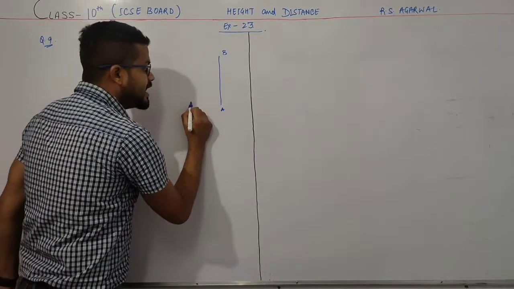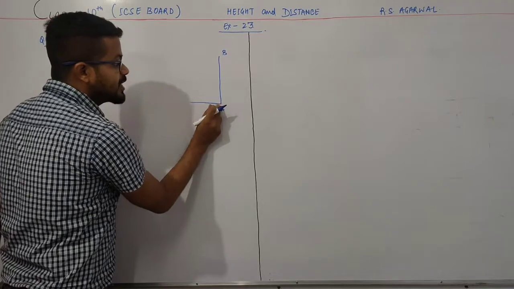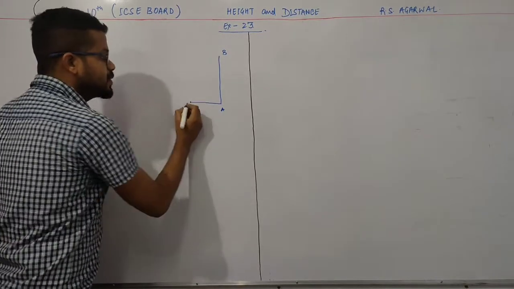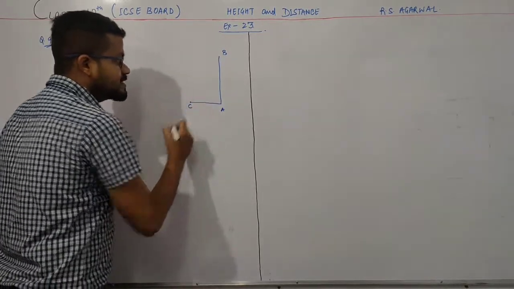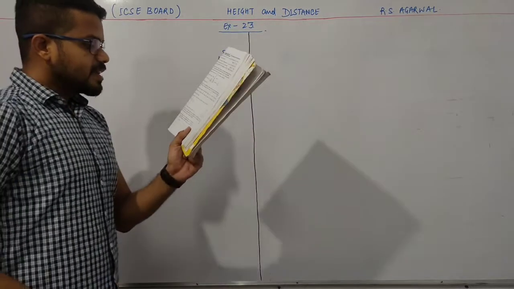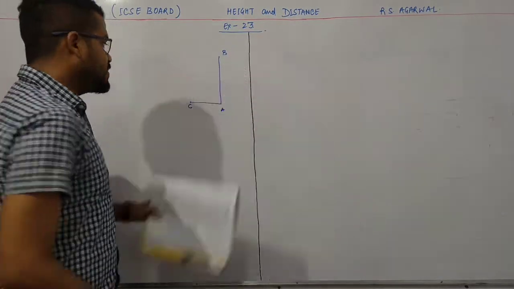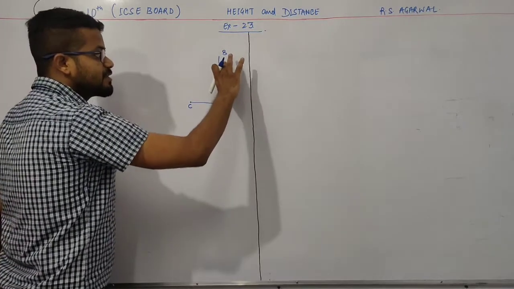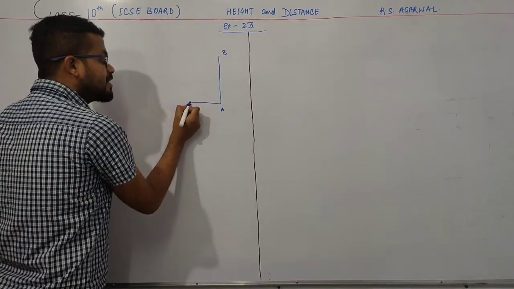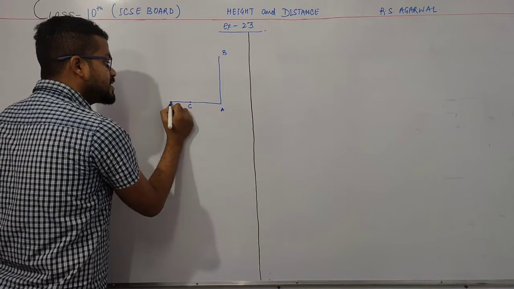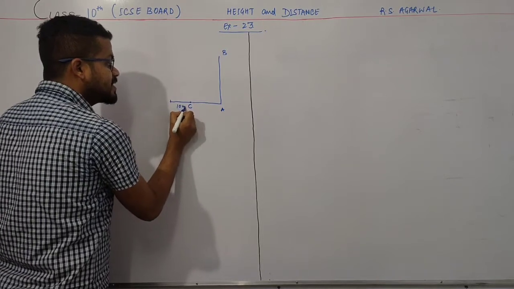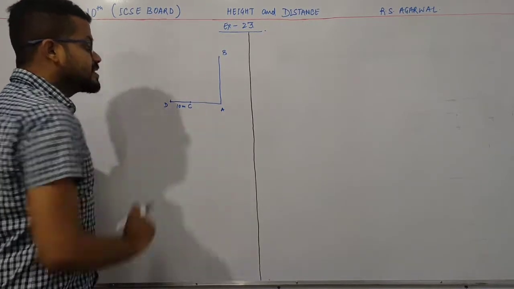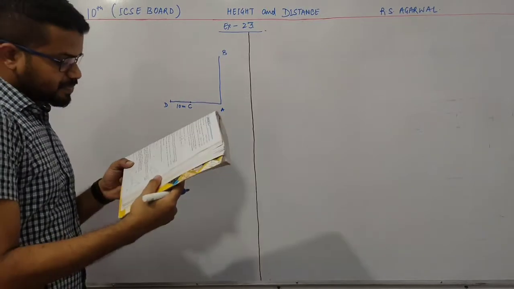Let us take this as the original shadow, and I will take this point as C. At the start, this is the shadow of the tower, but after some time the shadow is increased by 10 meters. Here this is 10 meters and I will take this point as D.